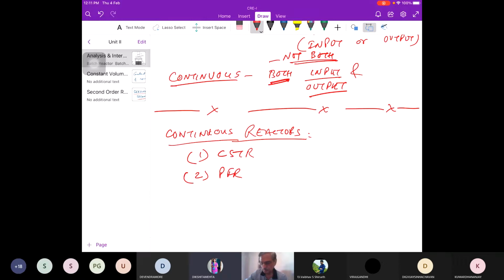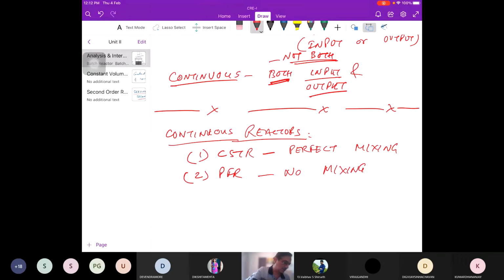So there is mixing in CSTR, no mixing in PFR. Right. So it is completely mixed or perfectly mixed, they call it. We're talking about ideal conditions. And no mixing here. That's the primary difference between the two. CSTR will have perfect mixing. That means everything, everywhere, anywhere in the reactor in a CSTR, the concentration will be same.